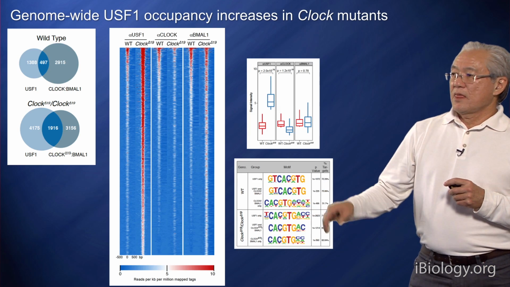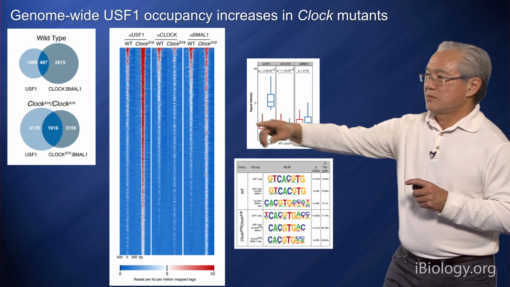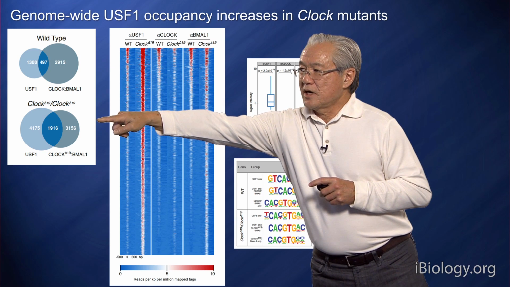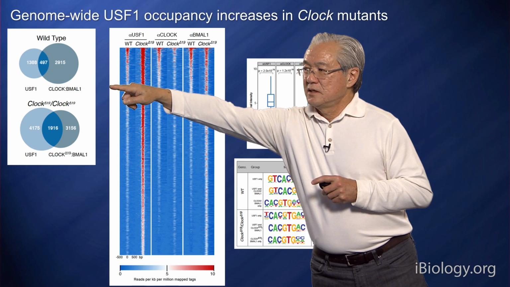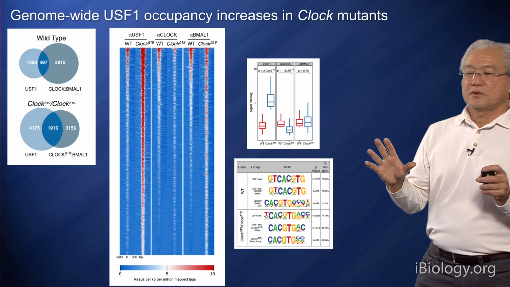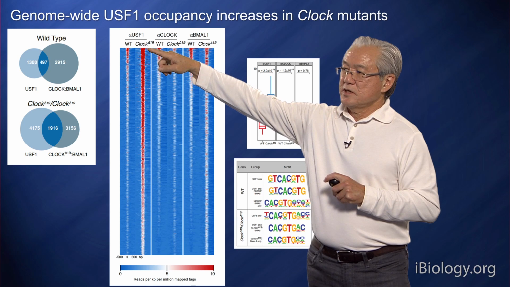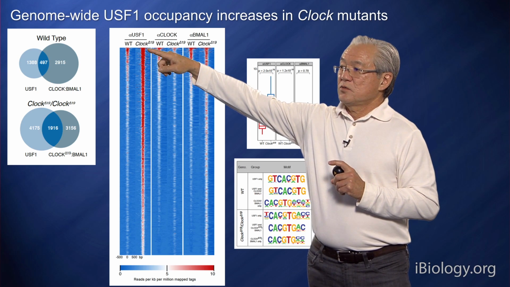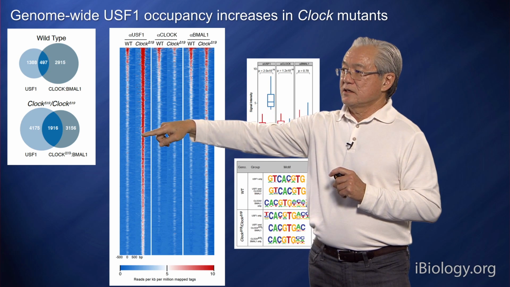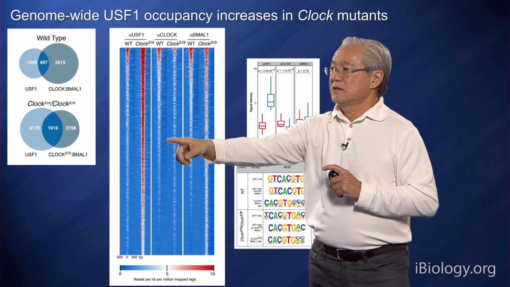So if we look genome-wide, what we see is that there is significant overlap in the binding in wild-type and clock mutant mice between USF and clock B-mel. But interestingly, in the mutant, the amount of binding sites go up. And in particular, if we look at this plot here, which represents USF1 binding in red, the intensity, we see that the binding intensity is much higher at sites across the genome in the clock mutant than in the wild type.